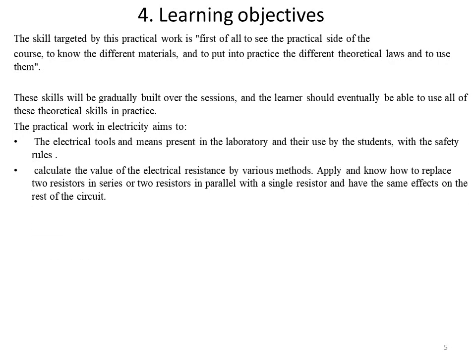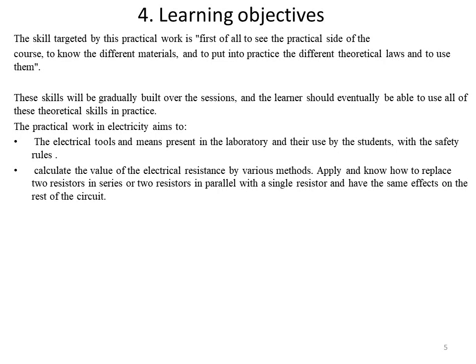Calculate the value of the electrical resistance by various methods. Here we have a lot of methods like the method of colors and using the multimeter to compute the value of resistance, and apply and know how to replace two resistors in series or two resistors in parallel with a single resistor and have the same effect on the rest of the circuit.